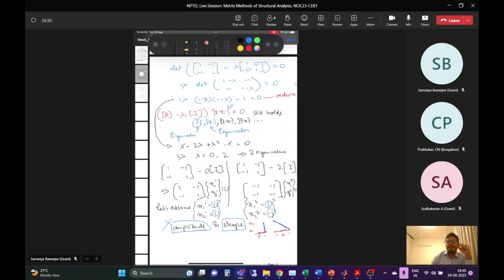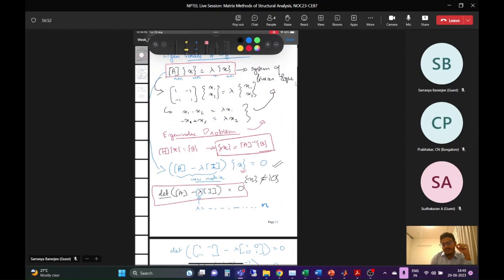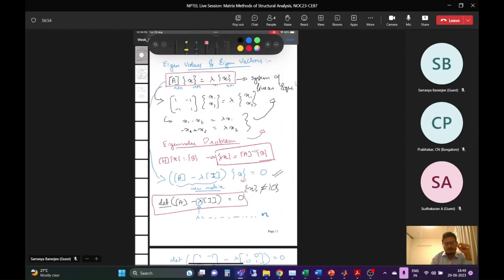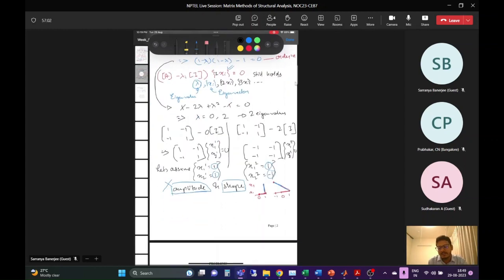So we had a dead end where we could not solve for the vector. We were saying that this vector is actually 0, but we said no, let's find a non-zero solution, and we found very important information on the shape of the vector. So this is basically the eigenvalue problem, where we get pairs of eigenvalues and eigenvectors.